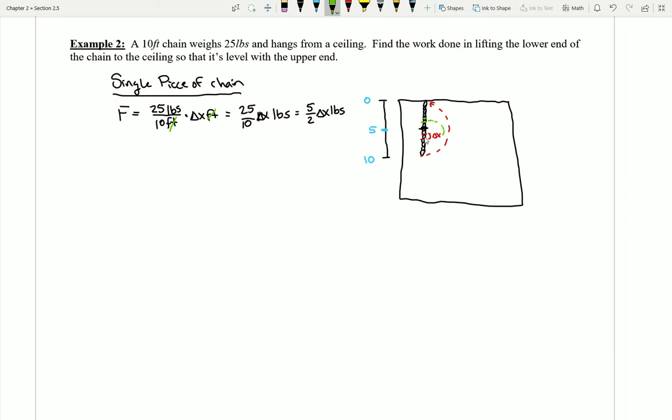So I'm going to go ahead and mark in here that there's going to be a special xi star, some representative height where my piece of chain is sitting. And so I need to move from xi star to 5, and then from 5 back to this mirror image location on the other side. So I'm going to find that distance by stating the following.